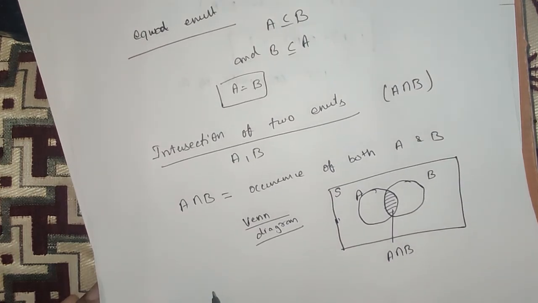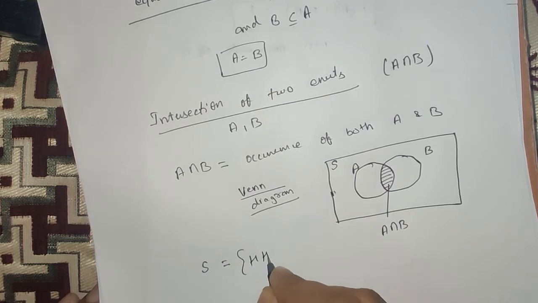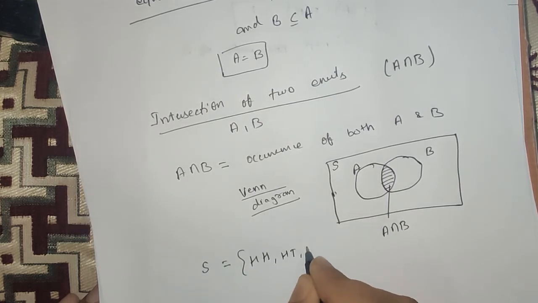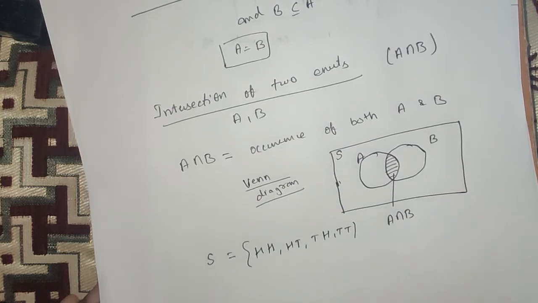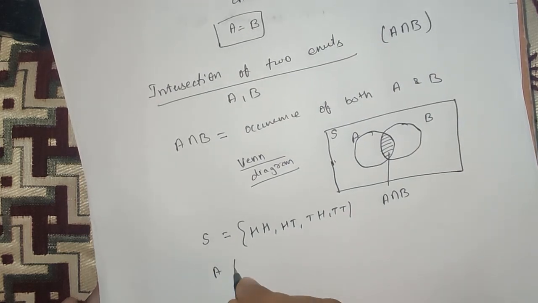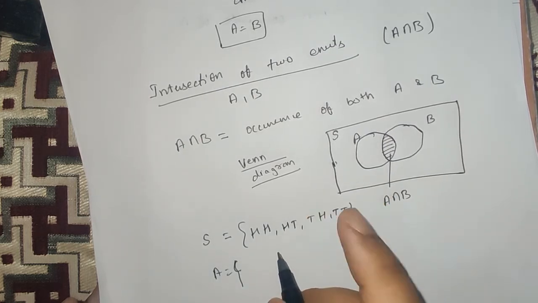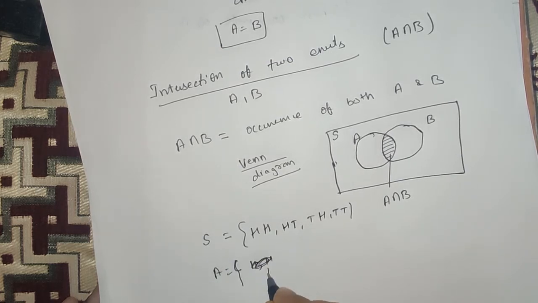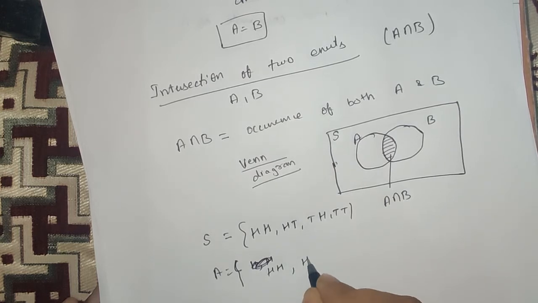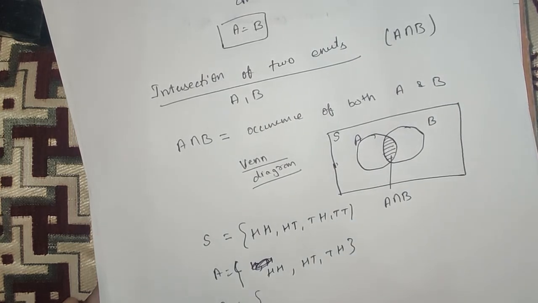For example, if this is the sample space of flipping two coins simultaneously, and A is the occurrence of at least one head, and B is the occurrence of at least one tail.